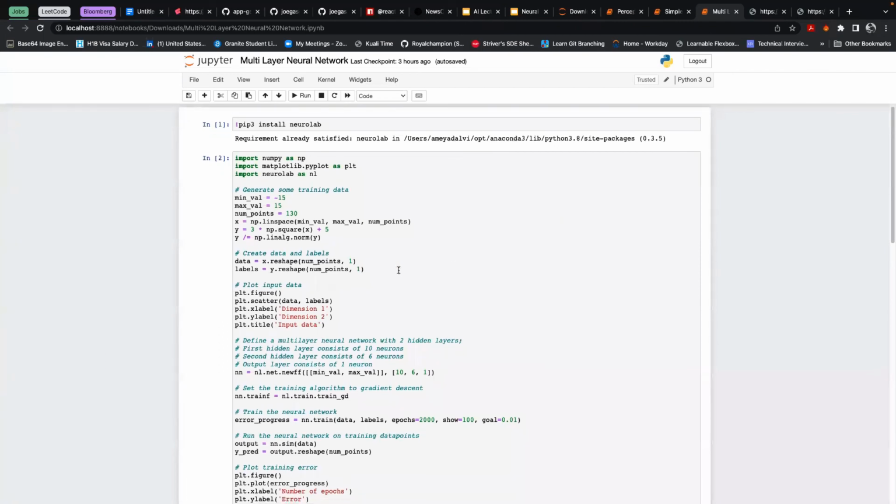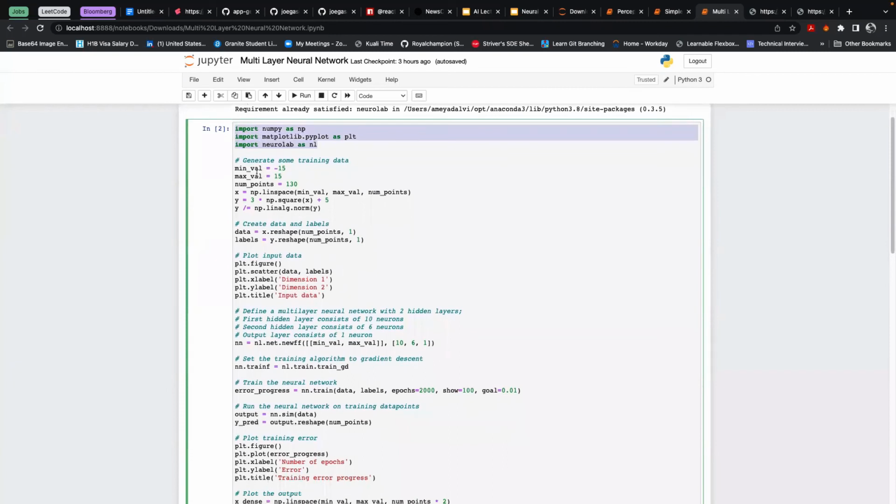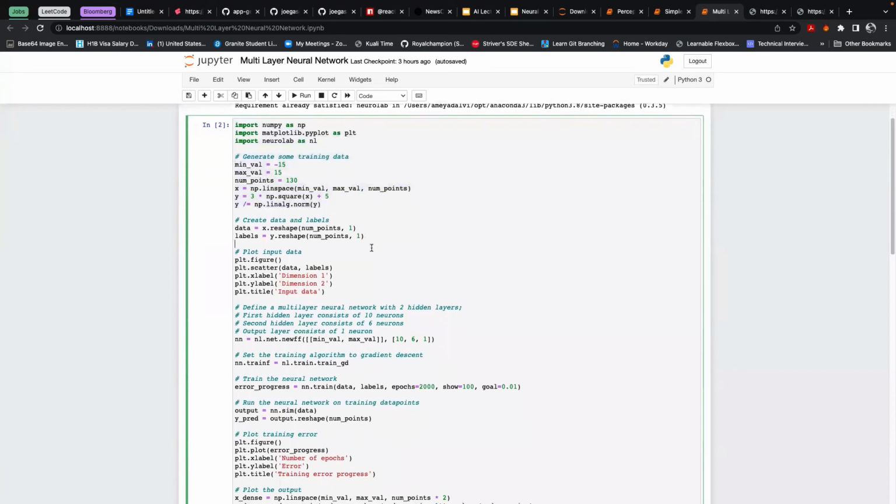Here again, like the previous sections, we are using the same NeuroLab module along with NumPy and Matplotlib. Then, unlike the previous sections, we are now generating some training data over here.